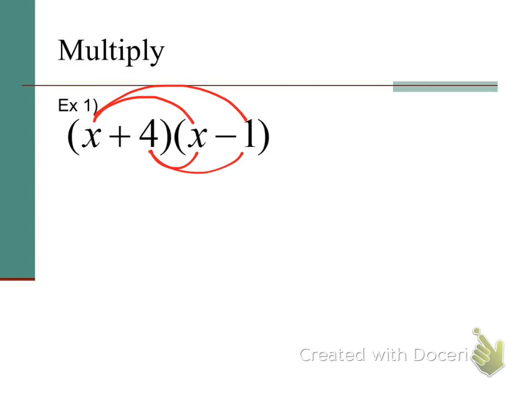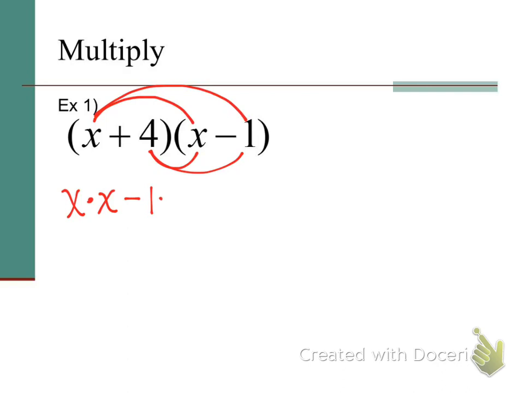So let's write out what that would be. So first I would take x times x. Then I'm going to take x times a negative 1. So how you do your signs is kind of up to you, but a positive times a negative means it's going to be a negative.